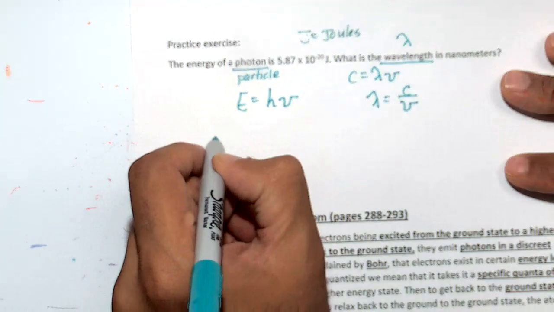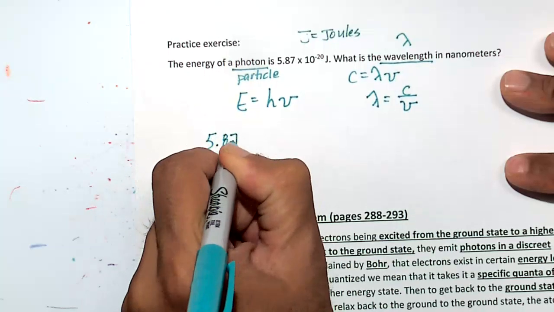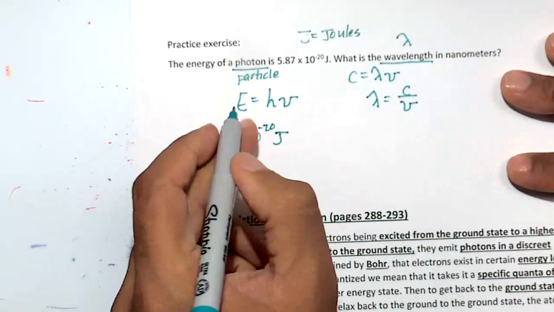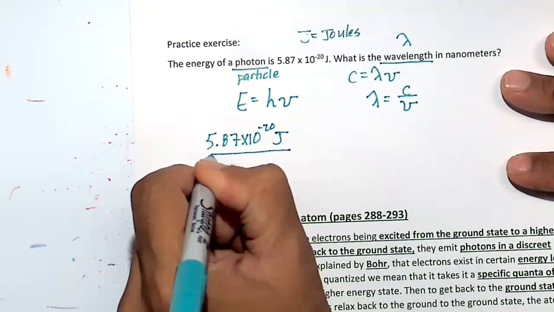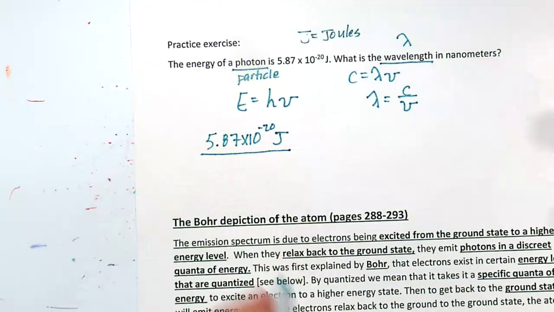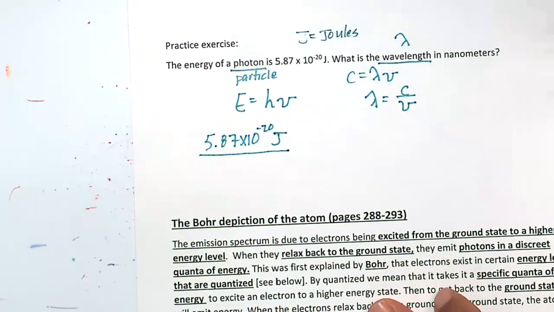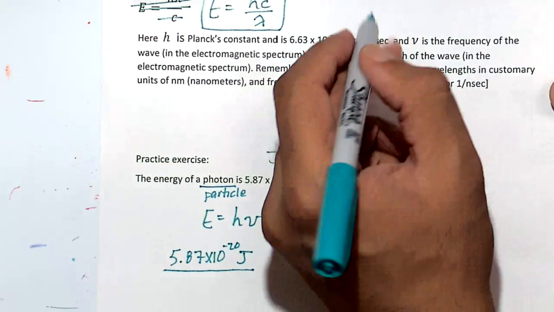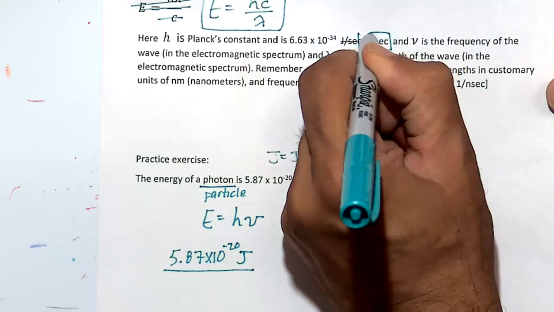Here the energy is 5.87 times 10 to the minus 20 joules, divided by Planck's constant. Planck's constant is something I will give you on the test, so do not memorize it: 6.63 times 10 to the minus 34 joules times second.